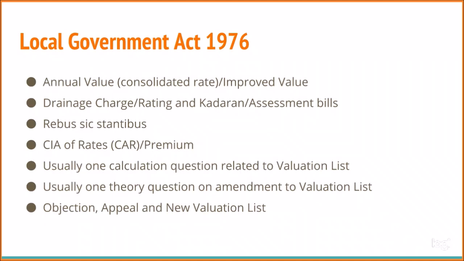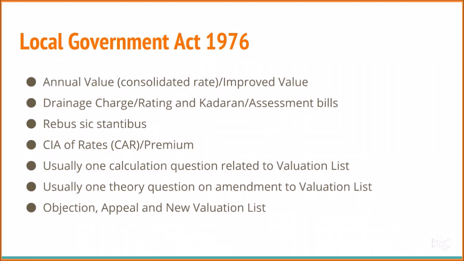To collect more taxes after many years, the government needs to have a new valuation list, and then the residents of the area need to agree to it, and then the objections will be processed in law, and also the government's way of calculating the rate of taxing, the kadaran, for the assessment bills.